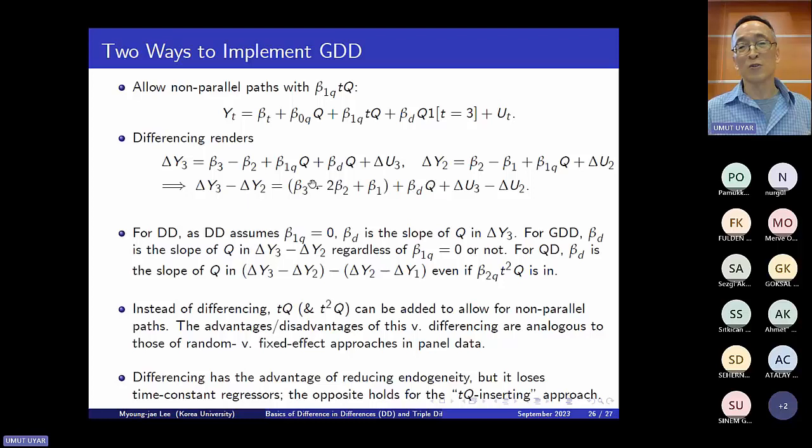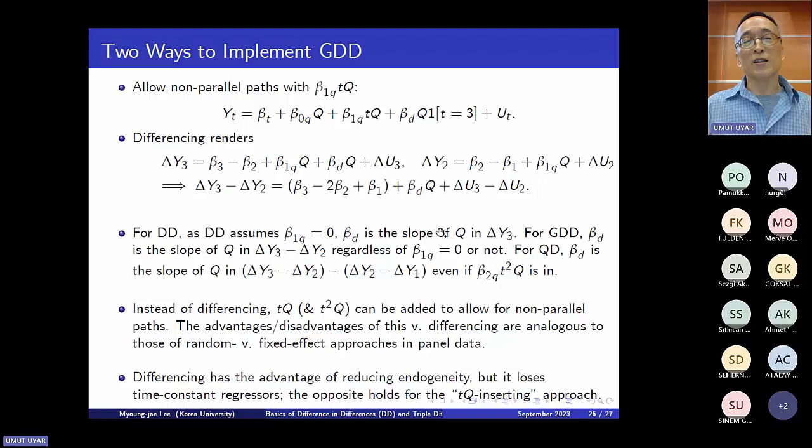This is similar to this, except that there is no treatment term here. And that will be differencing once, and if you difference again, differencing twice, there will be this equation minus this equation. Then you have this expression.